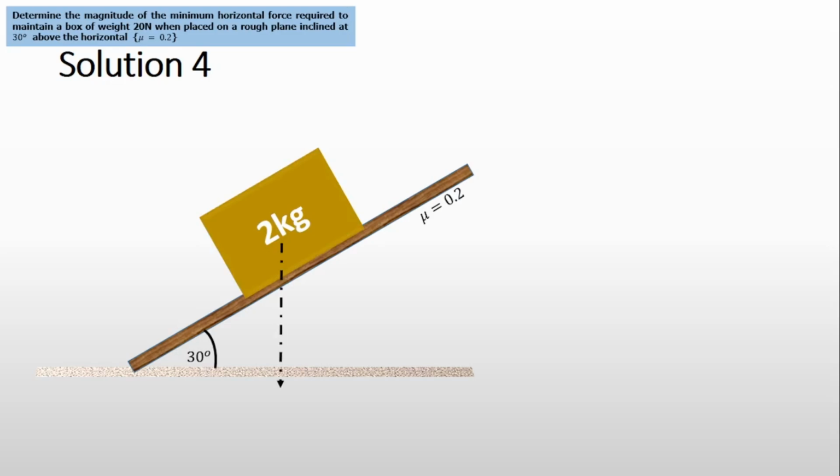So that means the weight acts downward. The weight is given in the question, and that's 20 Newton. So that means the mass of the box is 2 kg. Here we have the acceleration due to gravity g to be 10 meters per second squared.